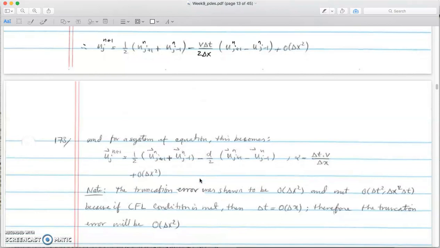This is also first order in time, it's not second order in time. It is first order in time because we started from forward Euler, we didn't really use central difference in time. We just replaced one of the terms by the average of the other two terms.